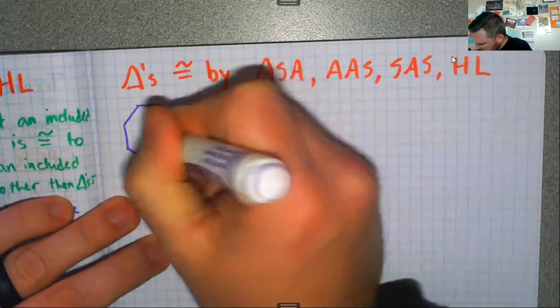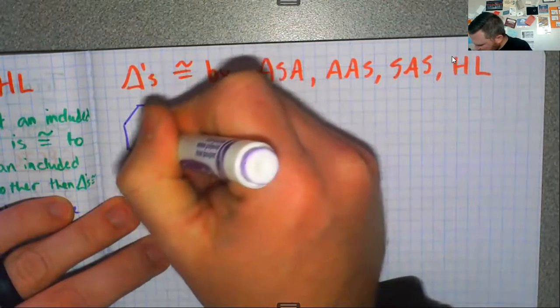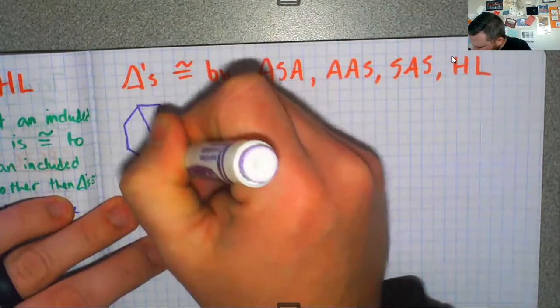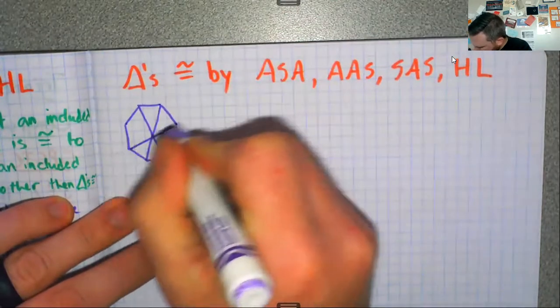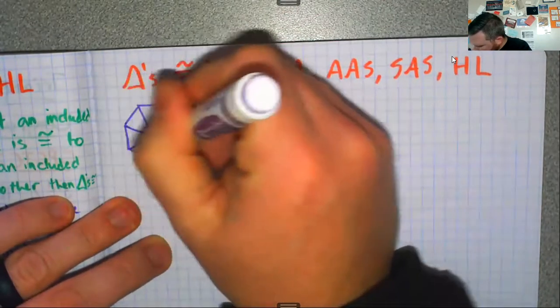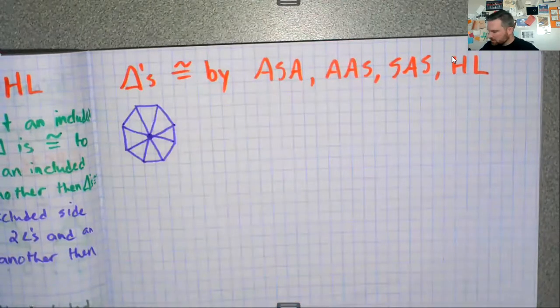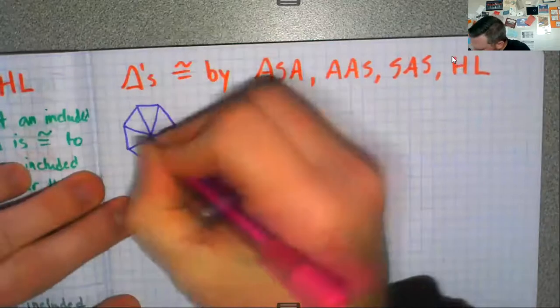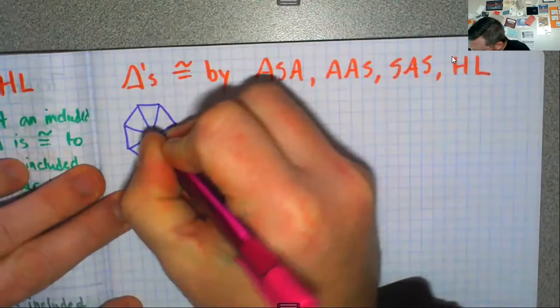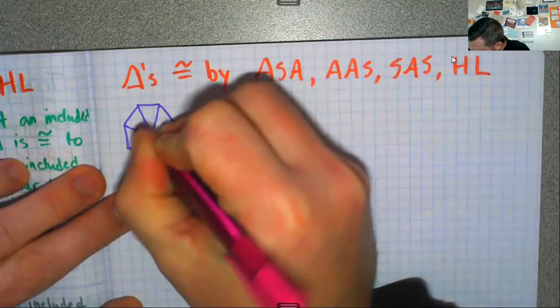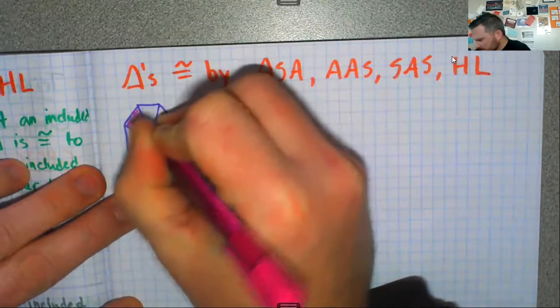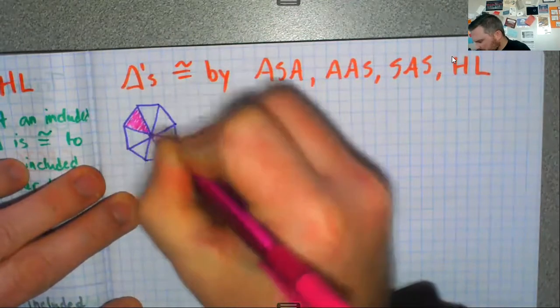Okay, so we got the center here. We kind of got our umbrella. Okay, there's the center. And it wants us to look at two of the triangles. This one and this one.